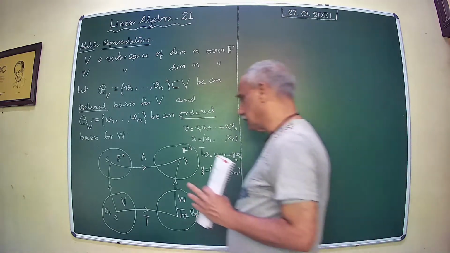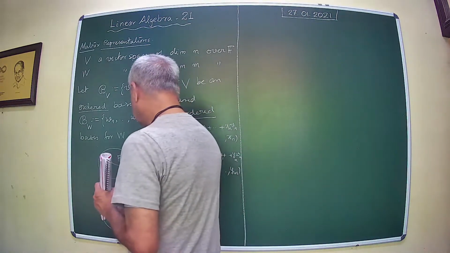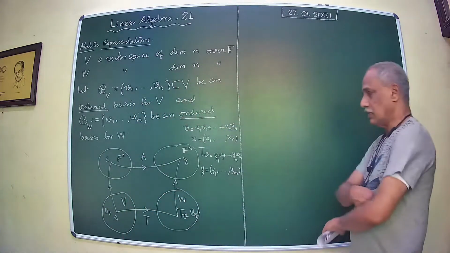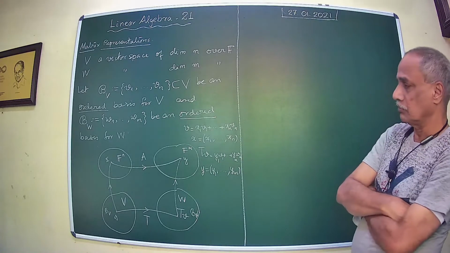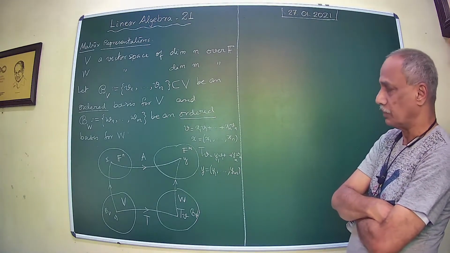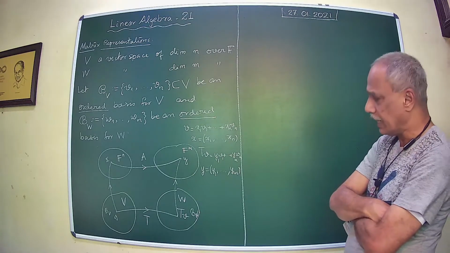And of course, given T and having fixed the basis for V and W, you are asking what is going to be the representation for this. We get a matrix representation A, right?